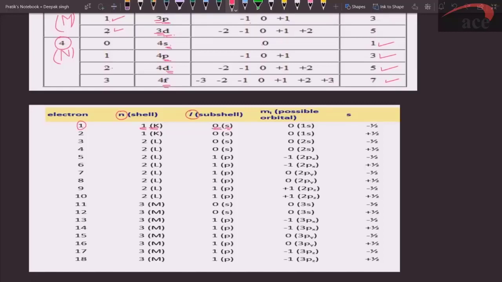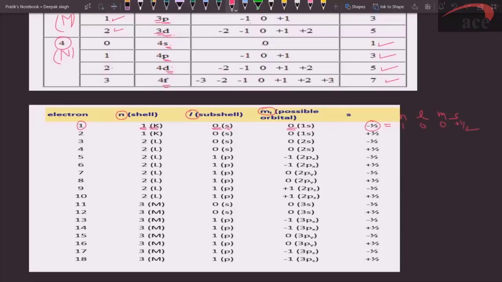It is expressed as 0. For S, what is the magnetic quantum number? That is 1, and again it is expressed as 0. For this electron, the spin is given as -1/2. So if you write the values of N, L, M and S for the first electron, it will be 1, 0, 0, and +1/2.